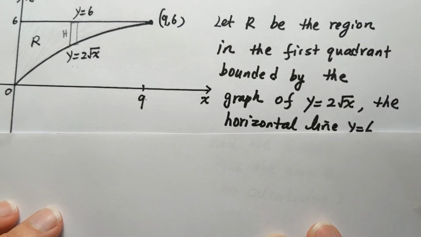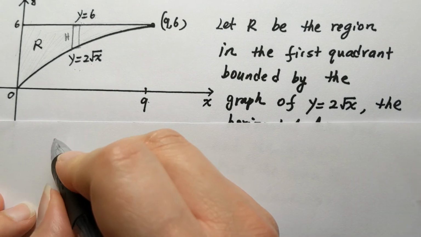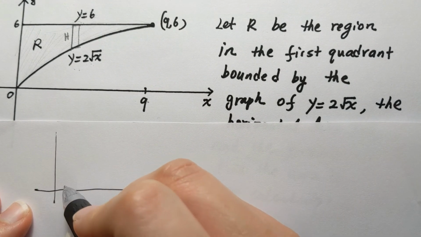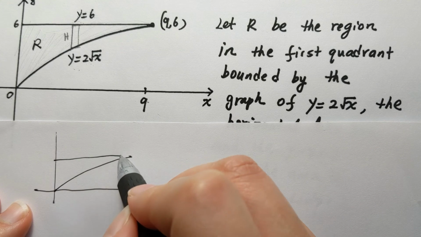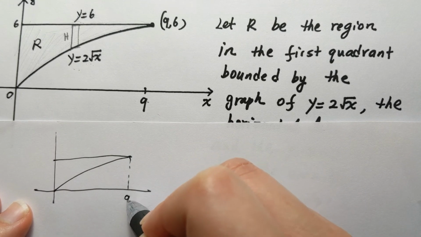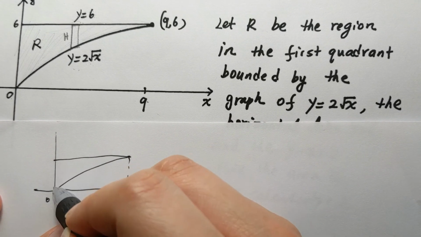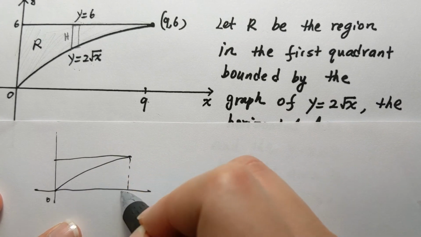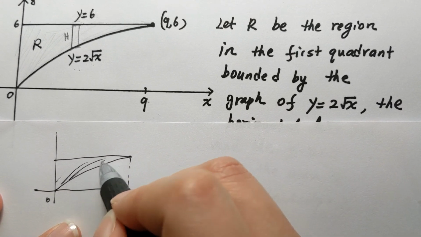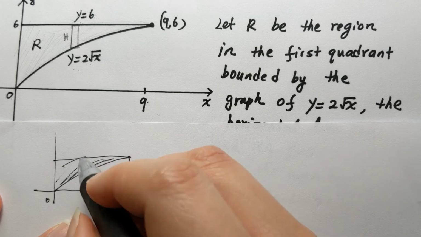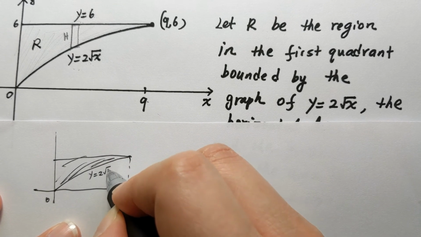Okay, method number 2. You probably already see this. Let me just sketch it so you can see it better. Here this is 9 to 0. Do you see a big rectangle? And then the y part is the area underneath y equals square root x.